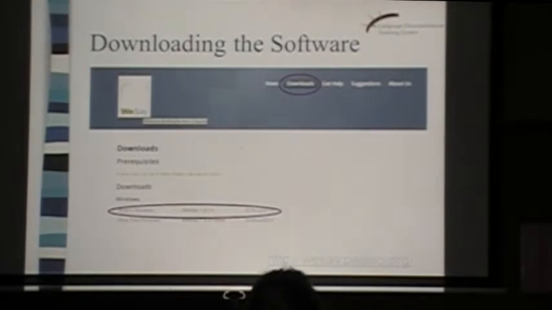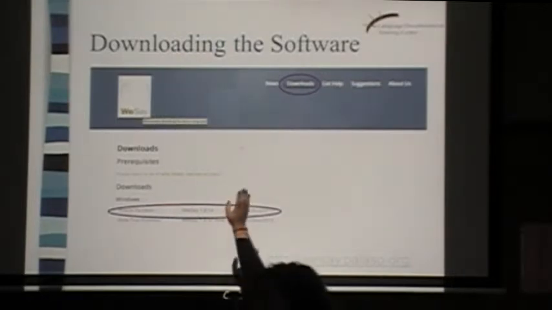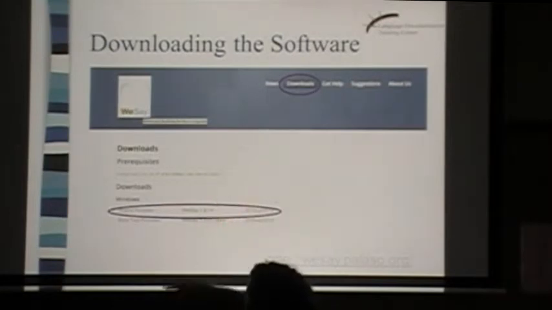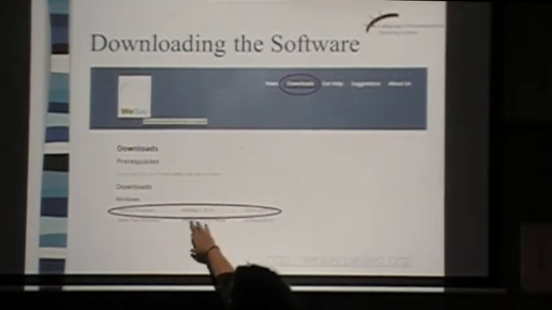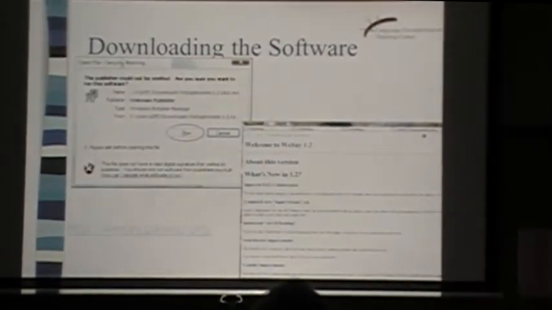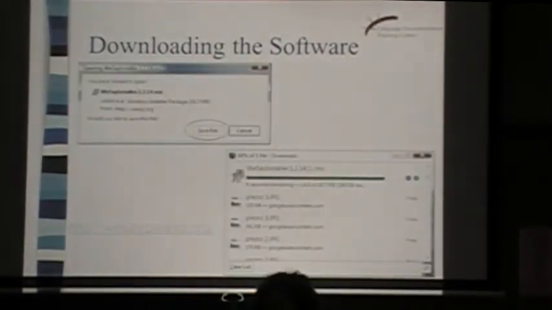When you download WeSay, those of you with Windows, you go to wesay.palaso.org. And you're going to go again to their downloads link at the top, and you're going to want to download the latest stable release. Again, it'll ask you what you want to do. You want to save the file. It'll start to download for you. Then you want to run it.